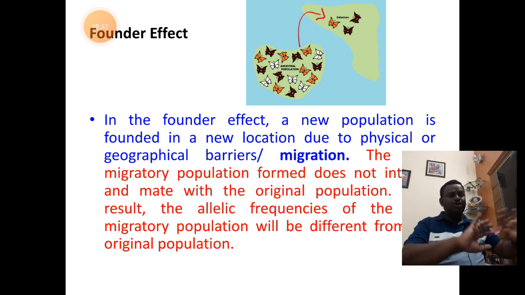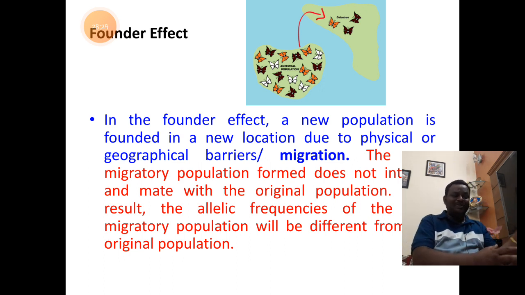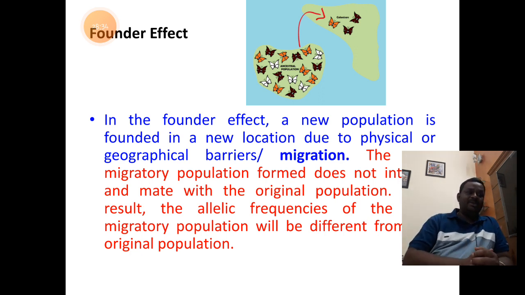They get adapted to a newer environment, reproduce, and there they show a newer allelic frequency. But what happened to the original frequency of alleles in the population? It is totally different.